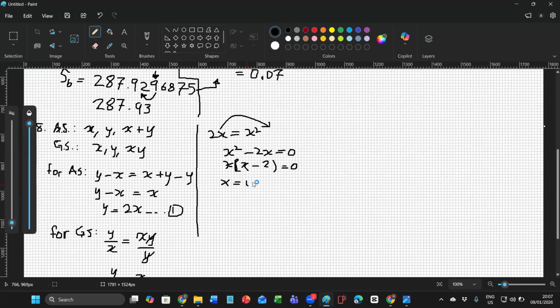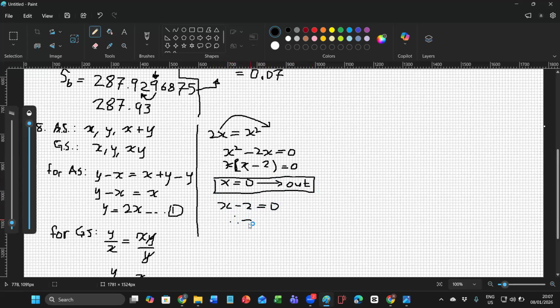So this case is out, excluded. We can just put that in a box. Or the second bit is that x minus 2 will be equal to 0, so that will leave us with x equals 2. So therefore x is 2.